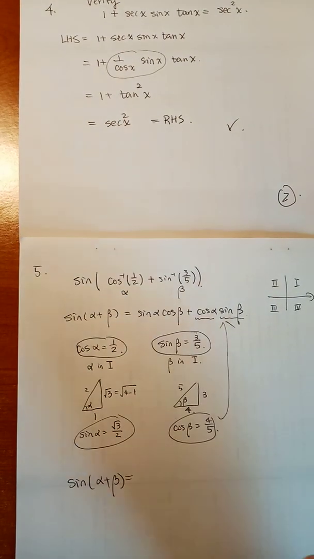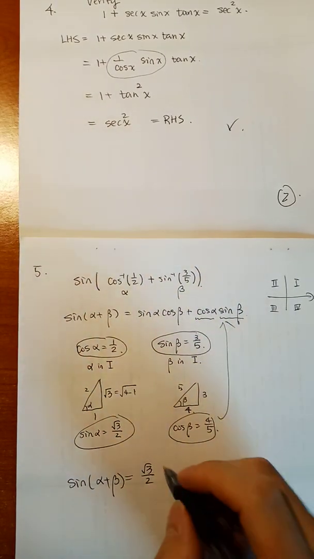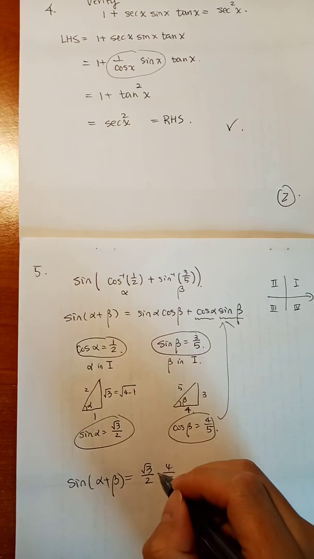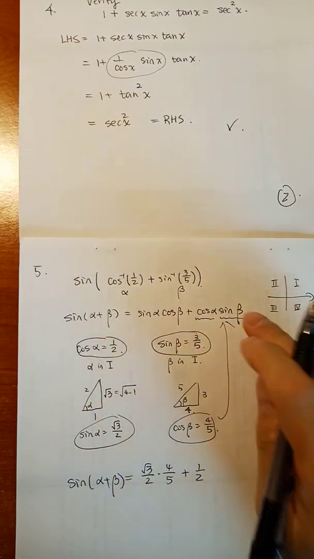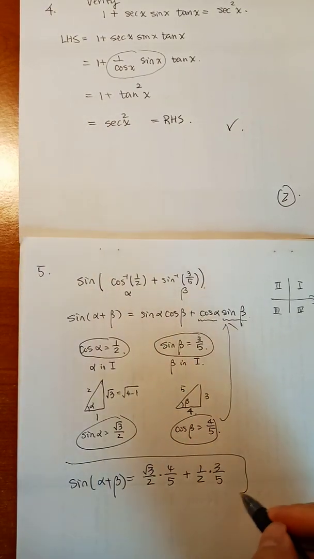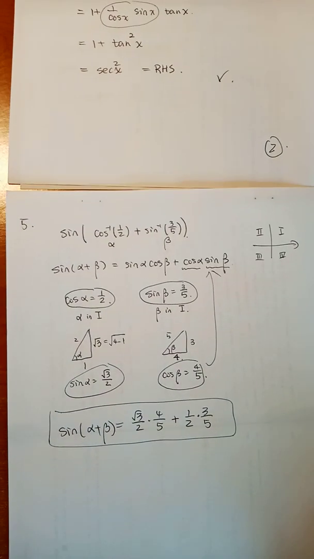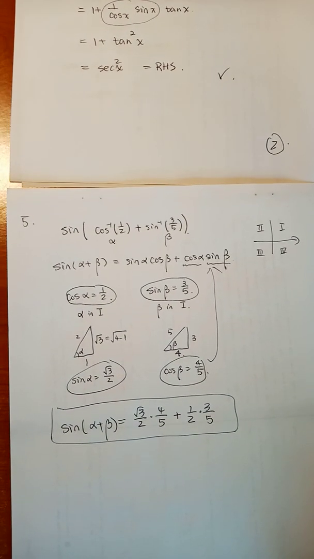Be careful. Sine alpha, root 3 over 2, cosine beta, 4 over 5, plus cosine alpha, 1/2, sine beta, 3 over 5. Don't simplify it, just leave it like this.